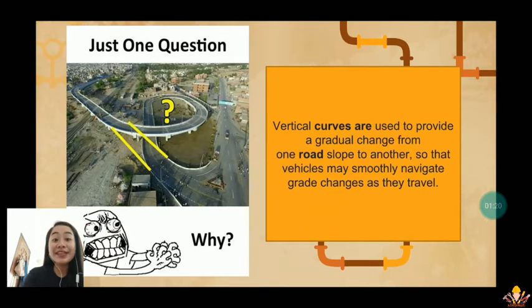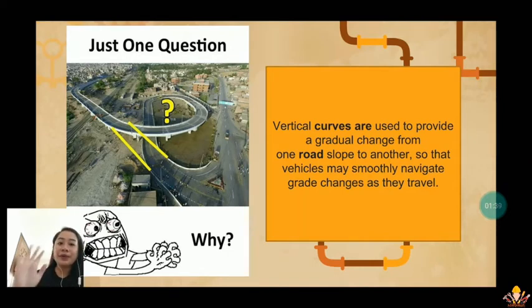The vertical curves are used to provide a gradual change from one road slope to another so that vehicles may smoothly navigate grade changes as they travel, of course, to avoid sudden accidents.